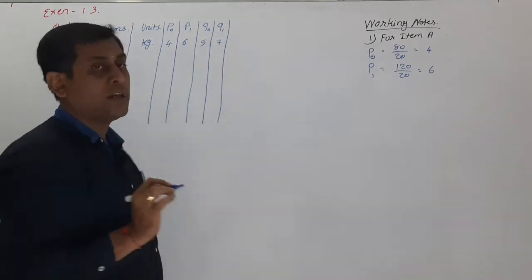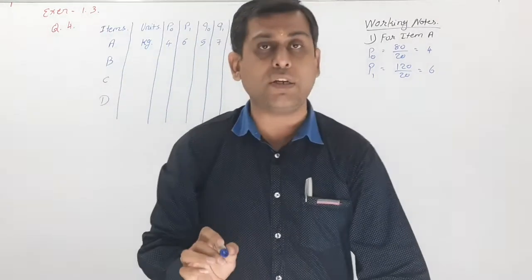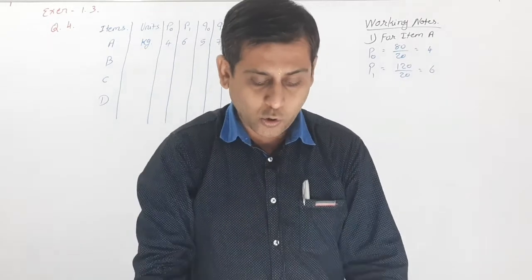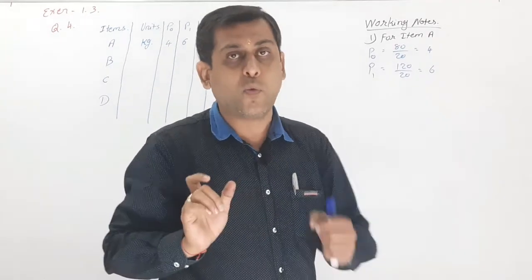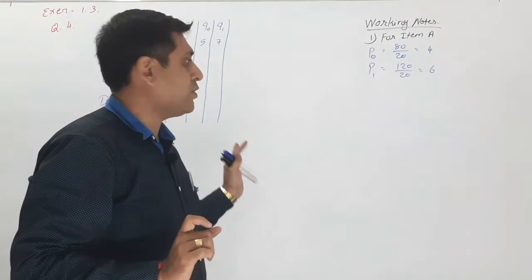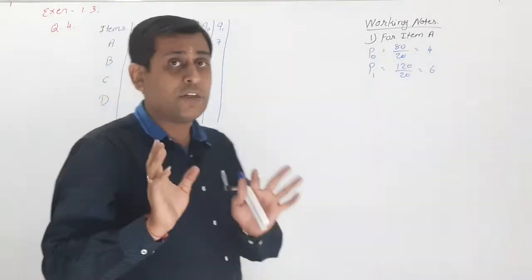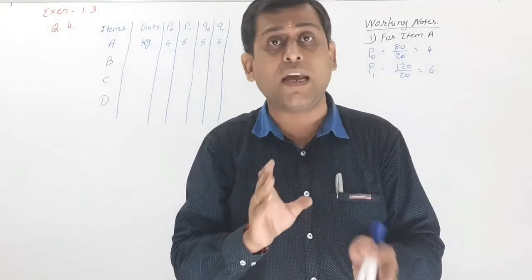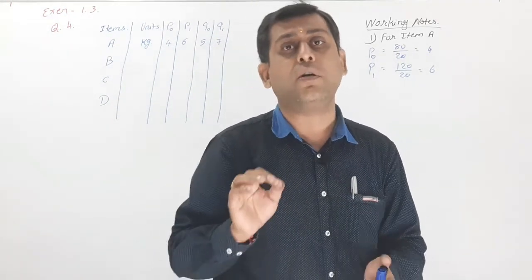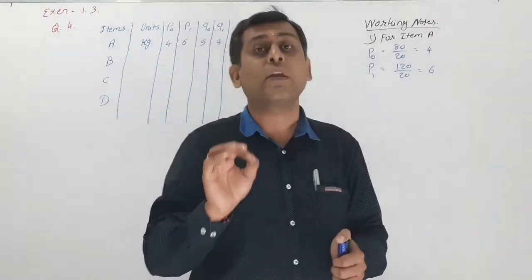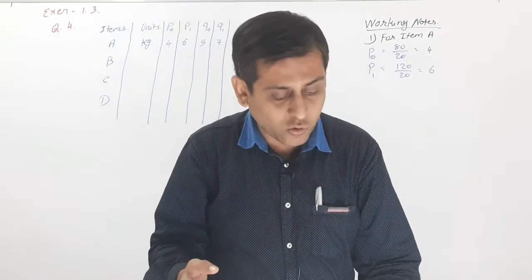No change in the quantity because we are changing the price. So we have to change only one, either price or quantity. But sometimes there are changes in quantity as well as in price. But the question regarding that item is in the next question.